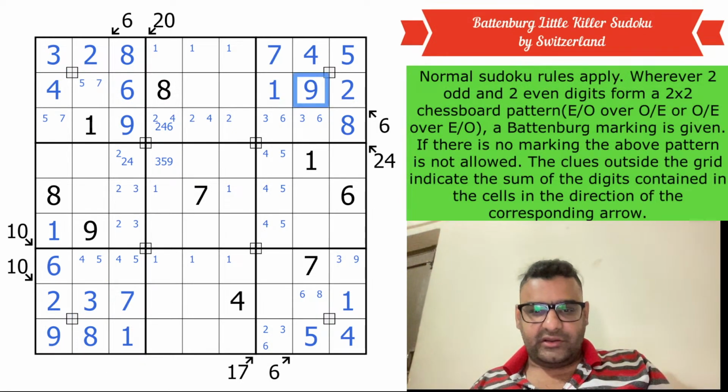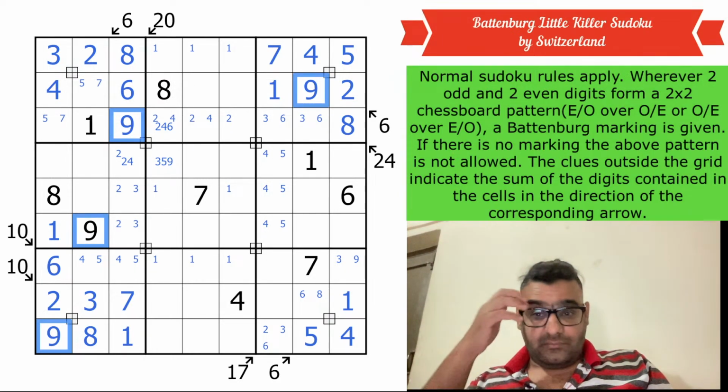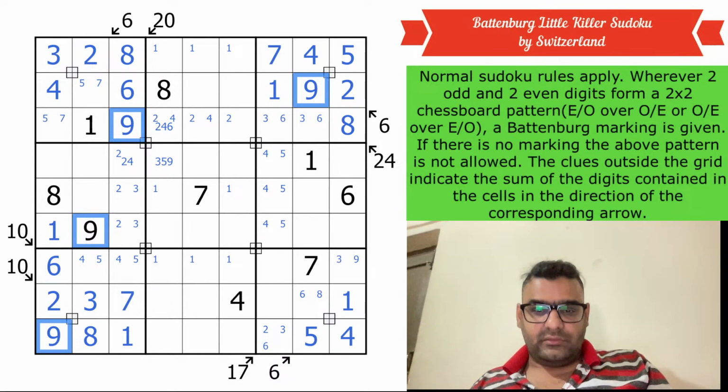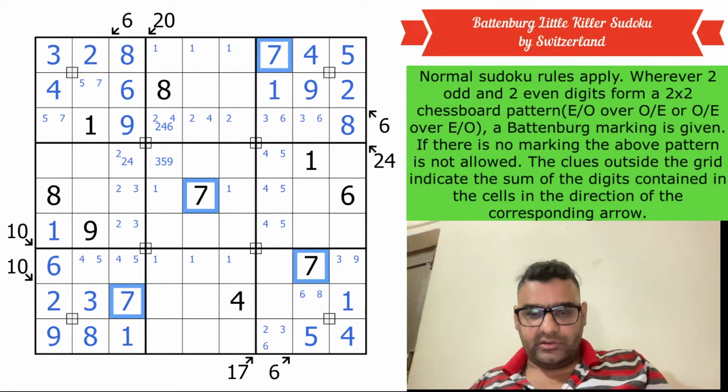Okay, what about 9? We already know 9 can be here. The 9 picture is not right. Okay, what about 7? We know 7 is not there. 7 is not here.